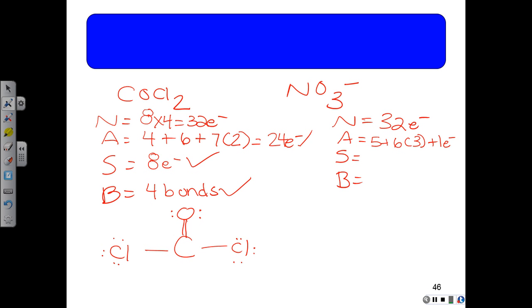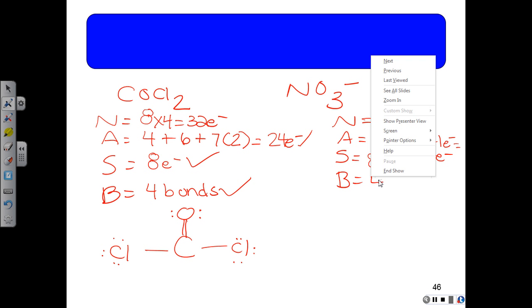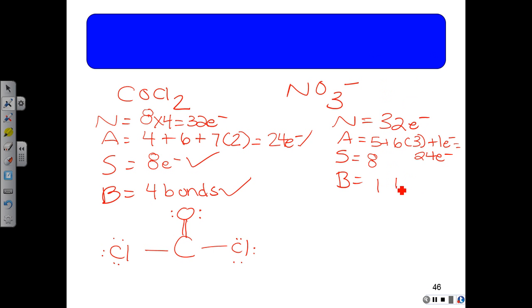We add that up. What do we get? 24. So same thing, we get 8 and 4. Nitrogen or oxygen in the middle? Nitrogen. There's our skeleton that matches our formula.